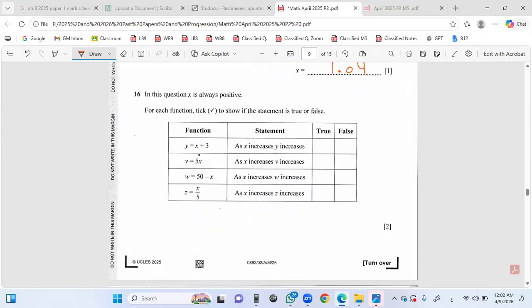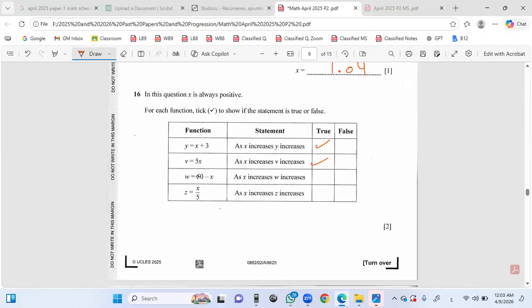If x increases here, y increases. Yes, definitely. 1 plus 3 is 4, but 2 plus 3 is 5. Here also, 5 times 2 is 10, 5 times 3 is 15, 5 times 4 is 20. So yes, if x increases, v increases. Here, if x increases, w increases as well?